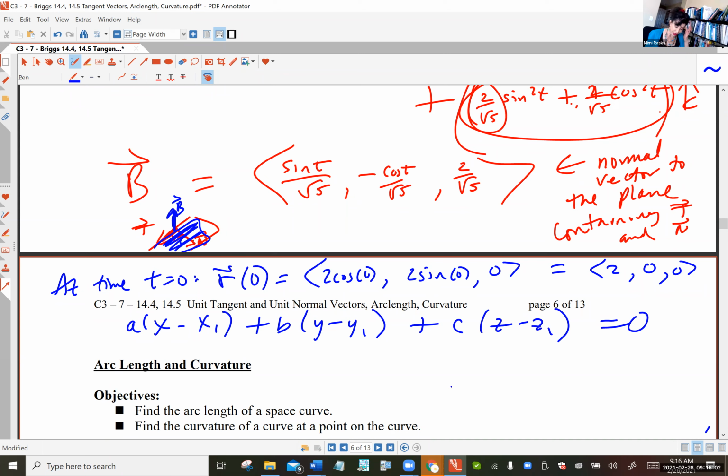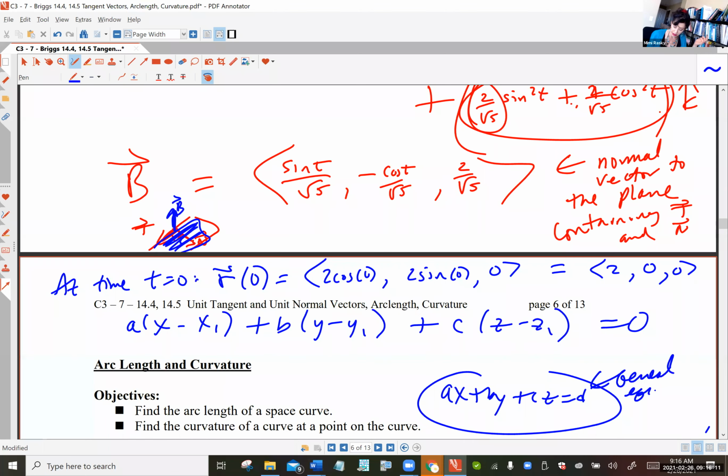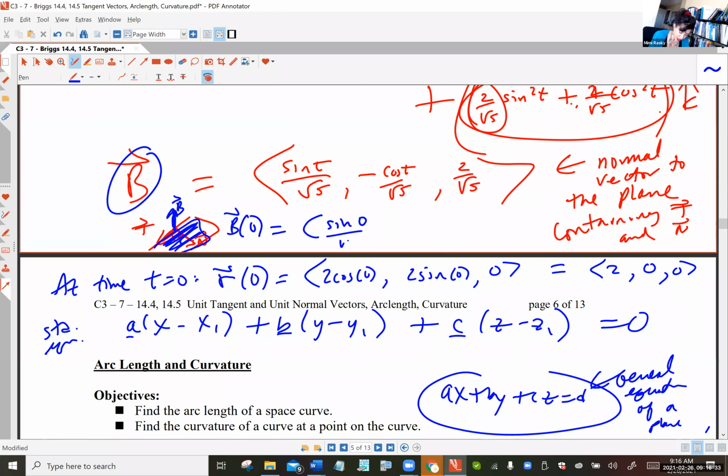If you give me the ax plus by plus cz equals d, which is the general equation for a plane, and most of the MyMathLab problems want it in this format, but what if I did ask you for the standard equation? It looks like this. So the A, B, and C are the normal vector components. So I'm going to have to evaluate this B at 0 to get the normal vector at that point.